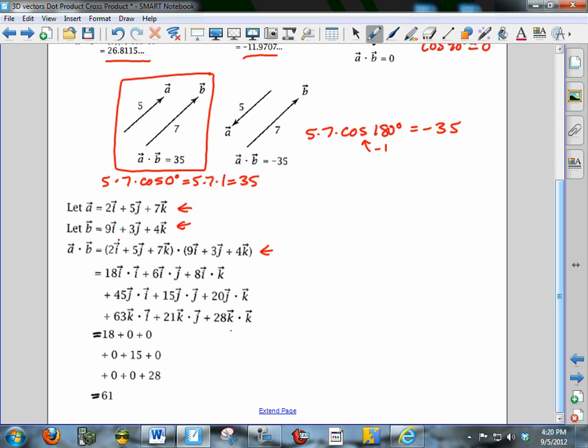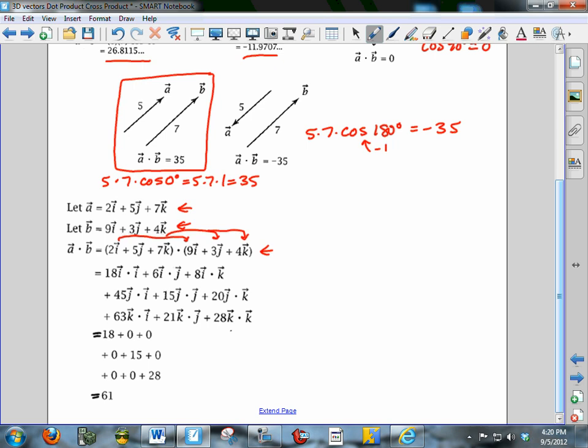So we're going to take 2i times 9i, 2i times 3j, 2i times 4k. Now I want you to recognize that i, j, and k are all at right angles to each other. So anytime I multiply an i times a j or an i times a k, I'm going to get 0.